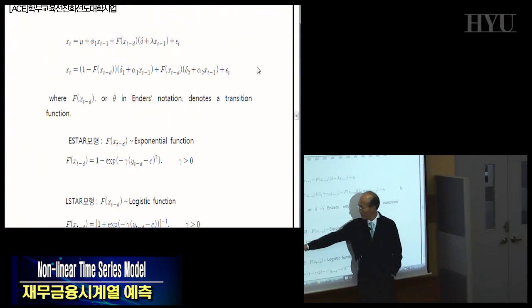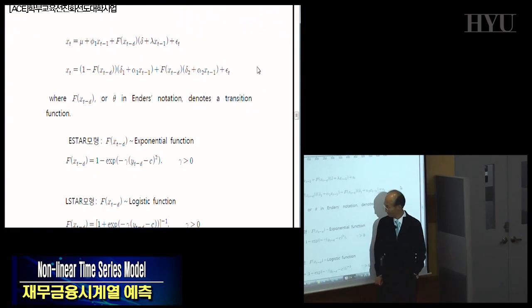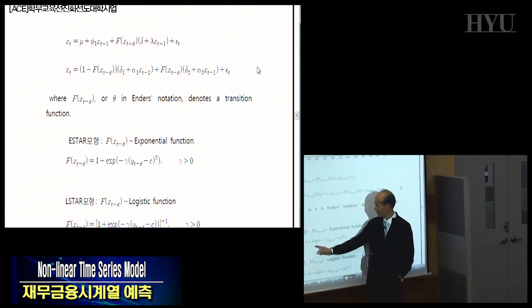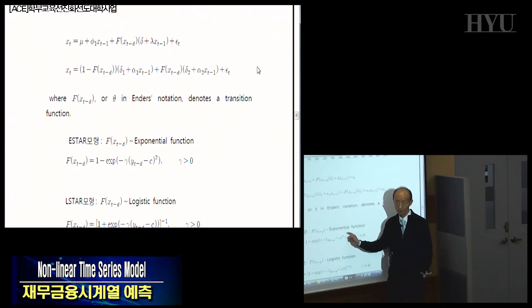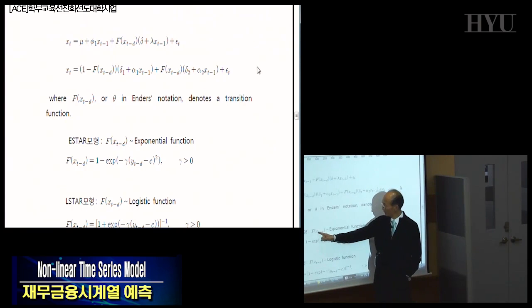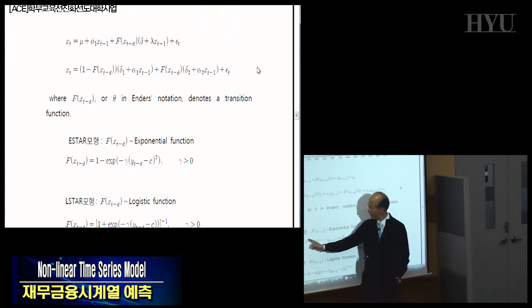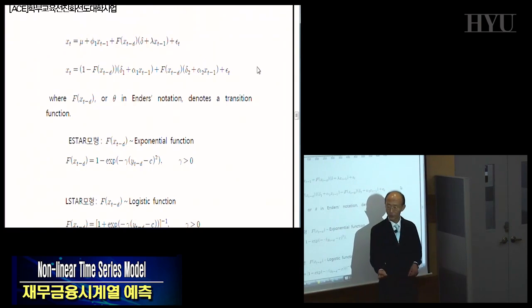So f of that, in this case, is defined as 1 minus exponential function. So you plug in some data, and these are parameters. Then this function, an exponential function defined in this way, will be bounded from 0 to 1.